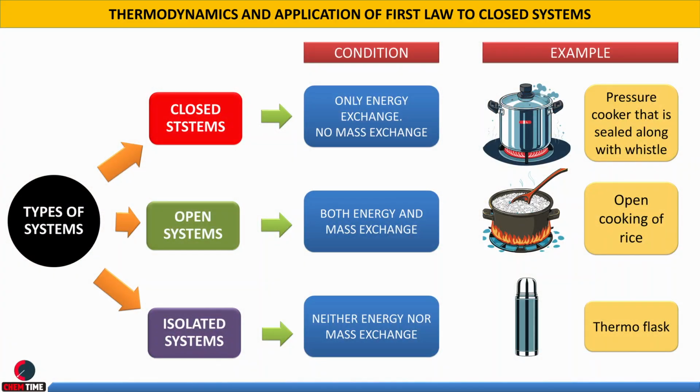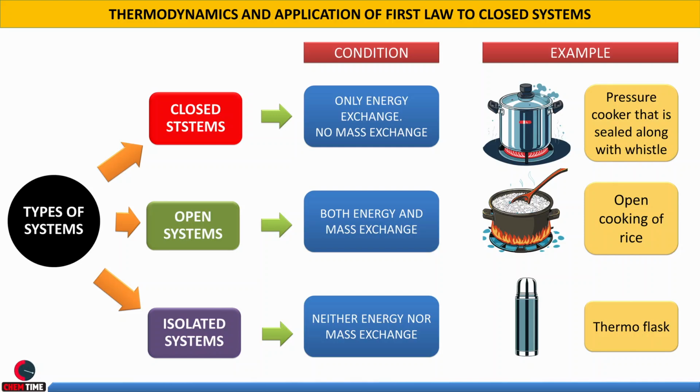Further, the systems are divided into closed system, open system, and isolated system. In case of closed systems, there is only energy transfer and no mass transfer. For example, when you have a pressure cooker that is sealed along with the vessel and heated from the bottom, there is energy transfer and no mass exchange. That is a closed system.